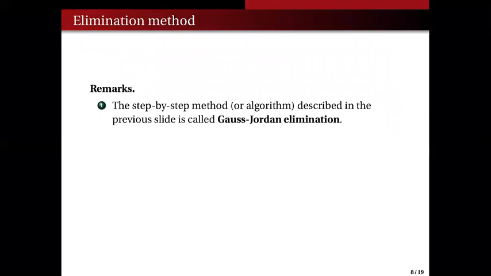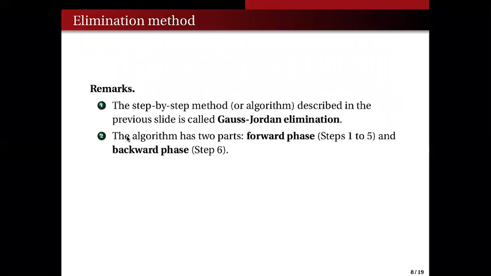So from steps 1 to 6, Gauss-Jordan elimination. The algorithm has two parts. The forward phase, that's from step 1 to step 5. And then the backward phase, that's your step 6.